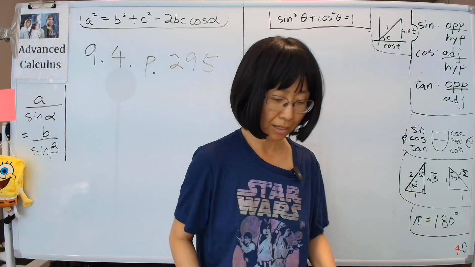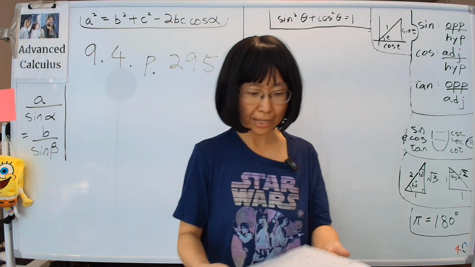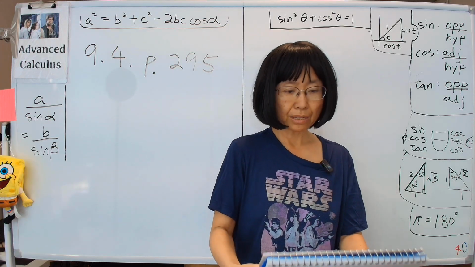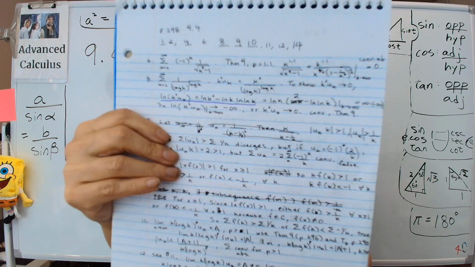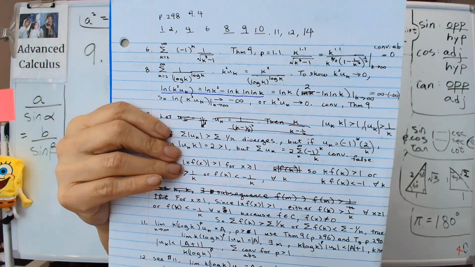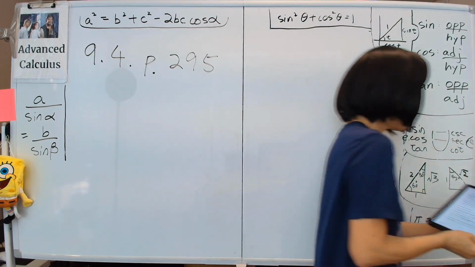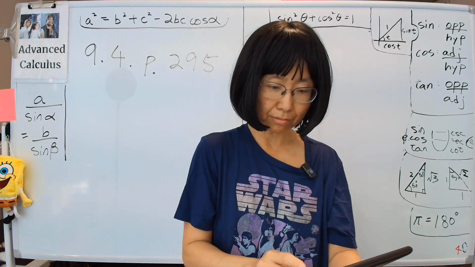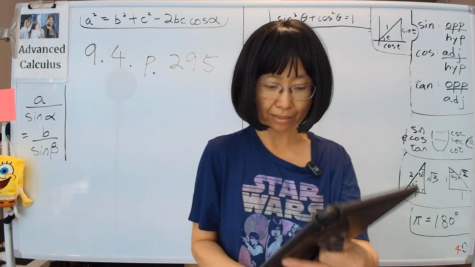For homework, let me write it down first. On page 298, section 9.4, please do problems 1, 2, 4, 6, 8, 9, 10, 11, 12, and 14. For problem 14, I have a hint here. You can try to figure out the hint, but it is a bit tedious to me.